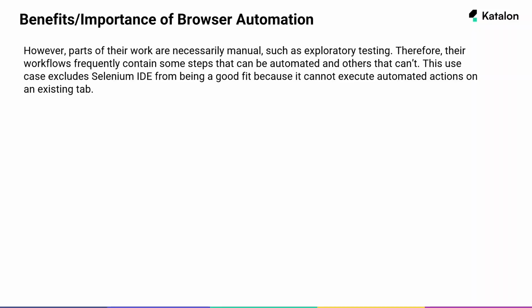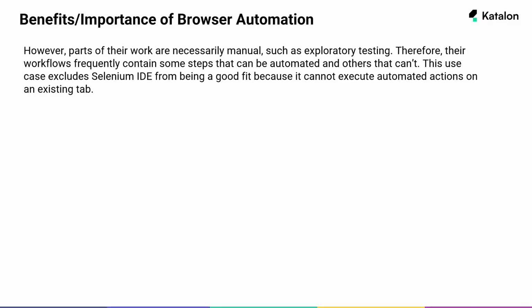That means part of their work cannot be automated. It should be a manual effort. Therefore, their workflows frequently contain some steps that can be automated and some steps that cannot be automated.